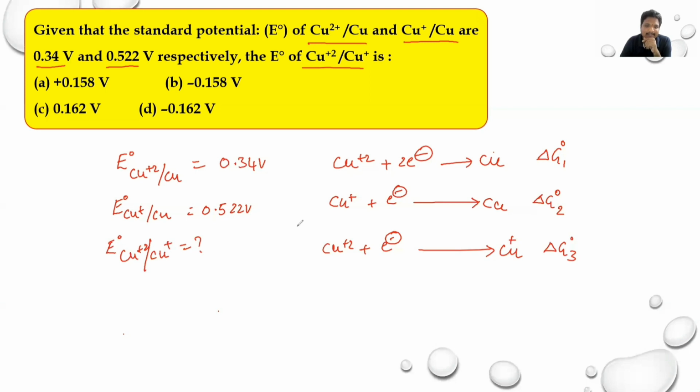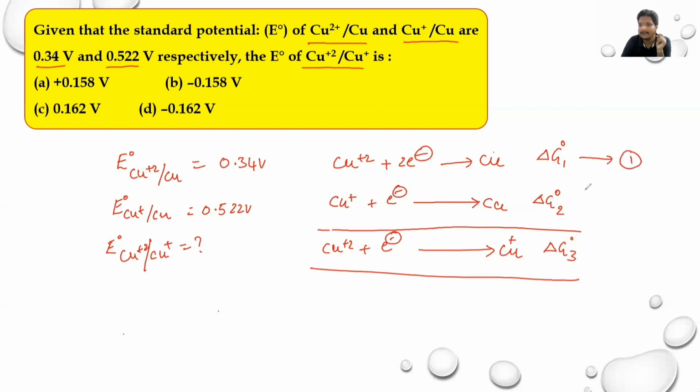If you observe, this reaction 3 will be obtained by subtracting delta G2 from delta G1. This is reaction 1 and this is reaction 2, and reaction 3 is obtained by subtracting reaction 2 from reaction 1.